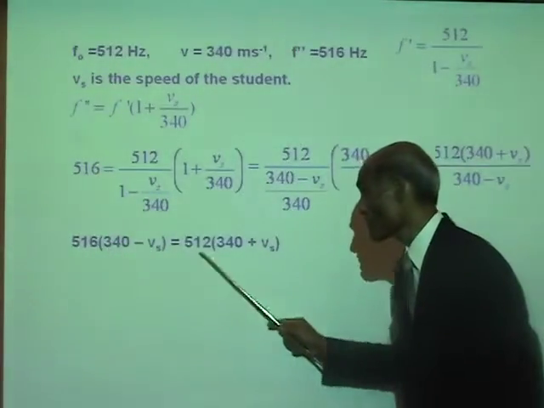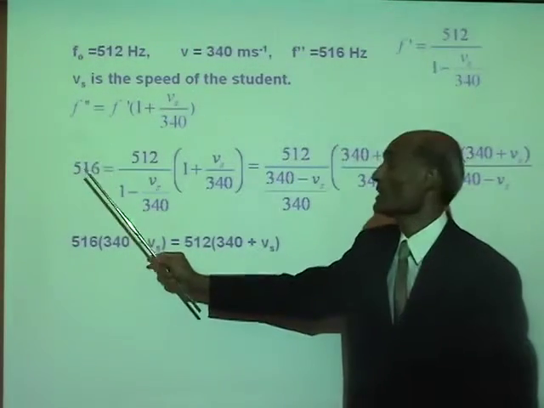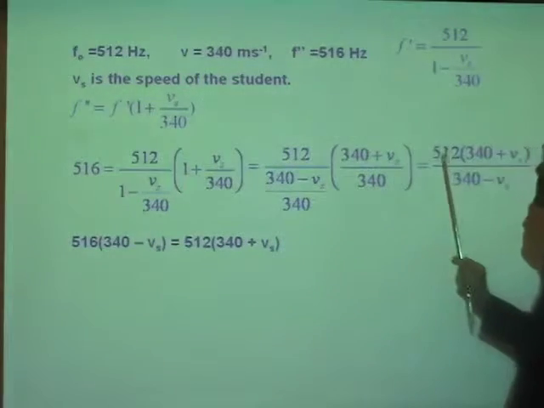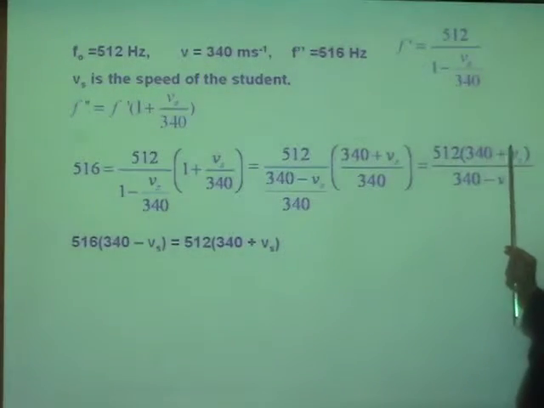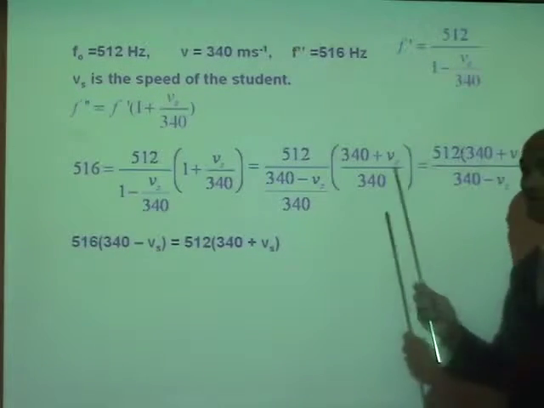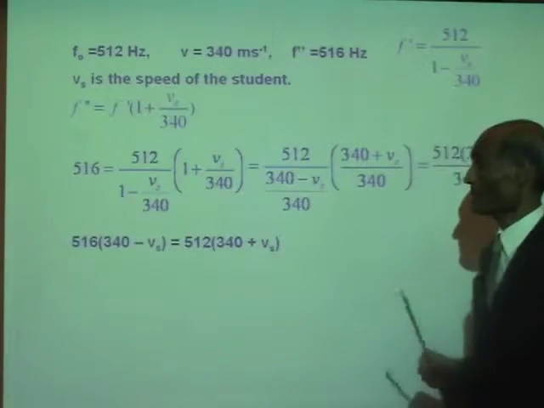So this step is obtained by cross multiplying this equation: 516 equal to 512 times 340 plus Vs over 340 minus Vs. Write out that and try to cross multiply on your own.